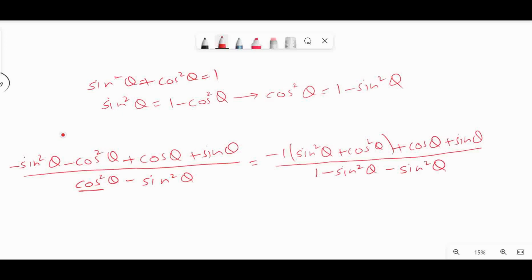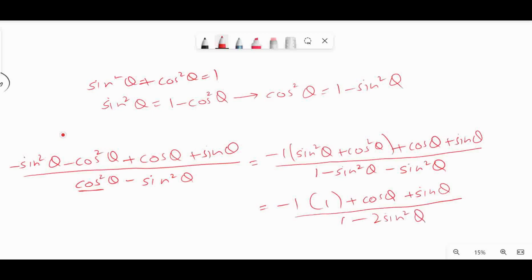Now sine square theta plus cos square theta is equal to 1, which means minus 1 plus cos theta plus sine theta. Let me correct this one, so this one is plus sine theta, divided by 1 minus 2 sine square theta.